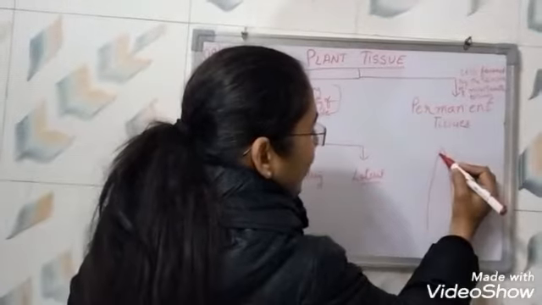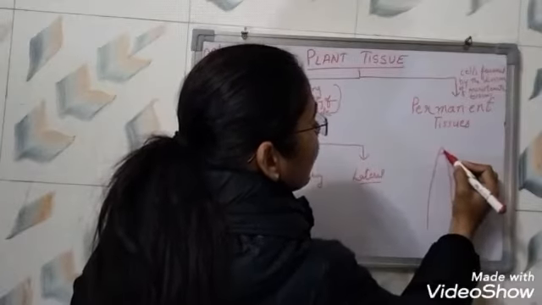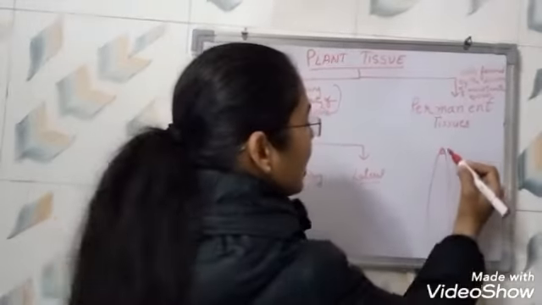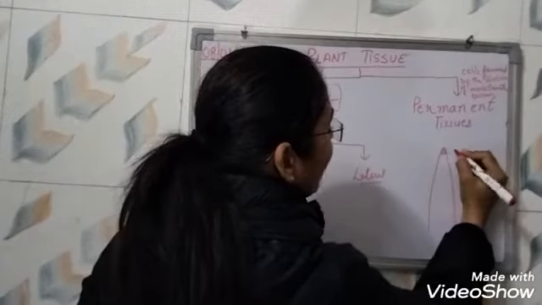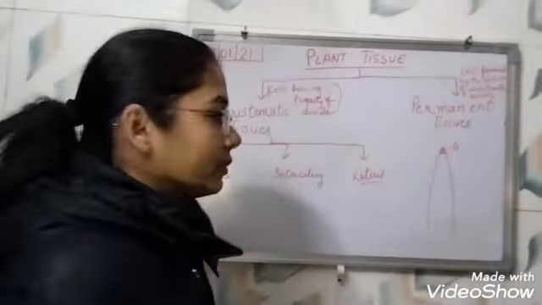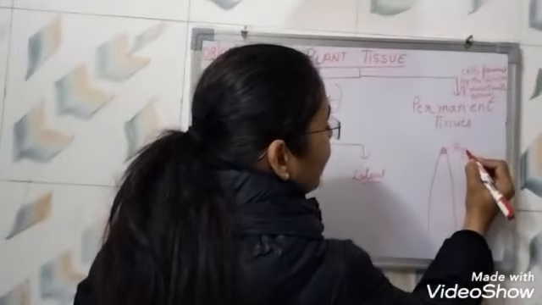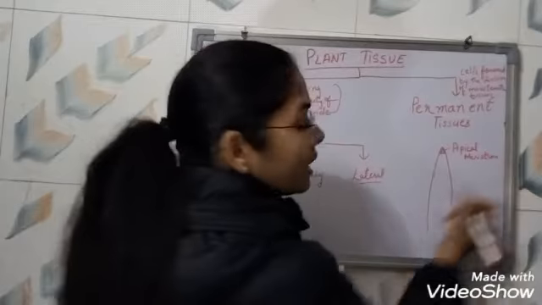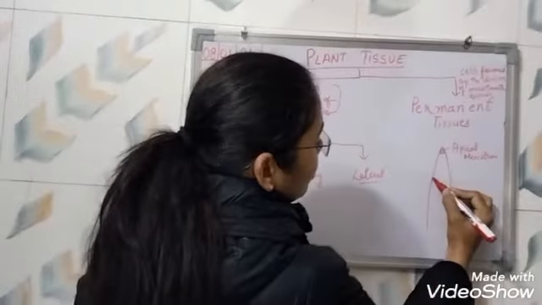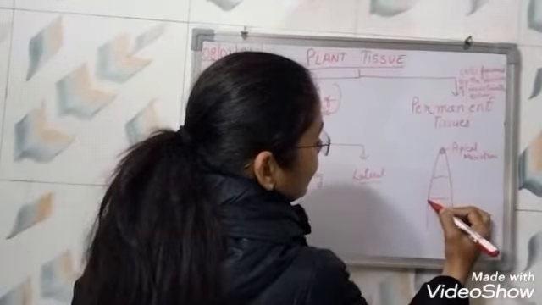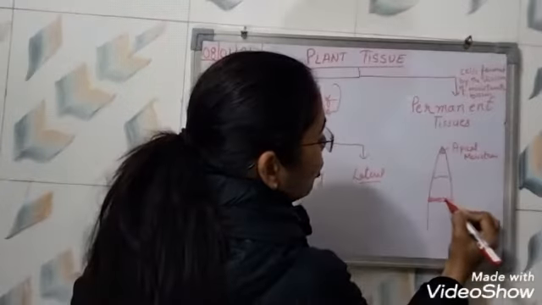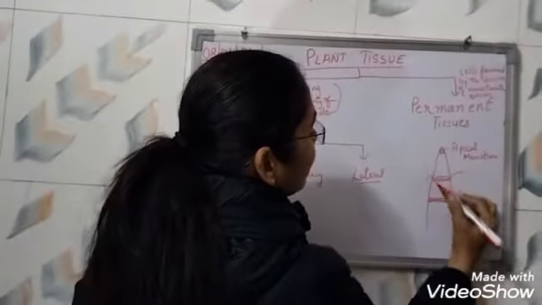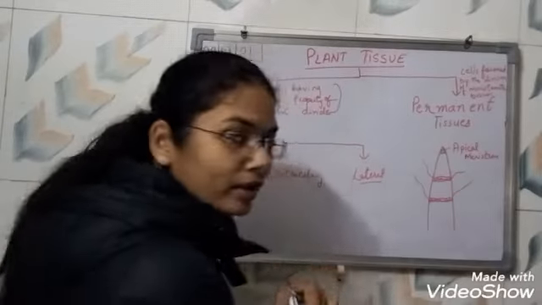If you take any stem, this part, the cells here, this is the apex, on the tip. So this is apical meristem. Also, you must have seen like this, these are nodes and internodes, and here the branches are growing from here.